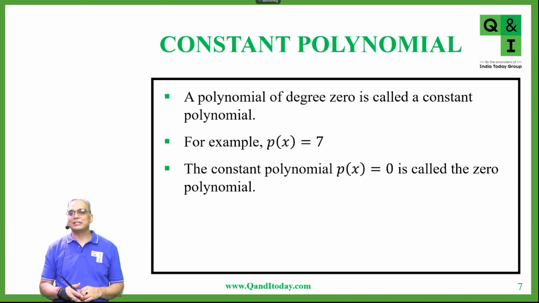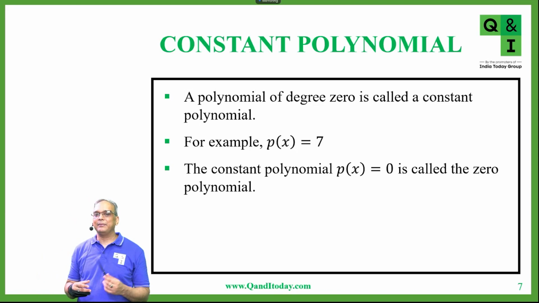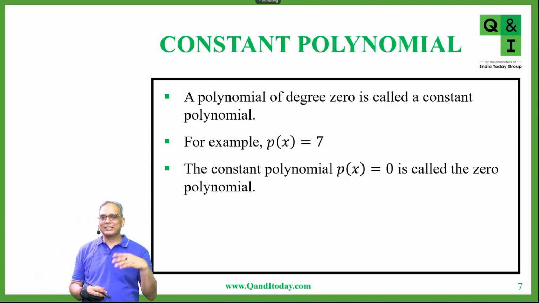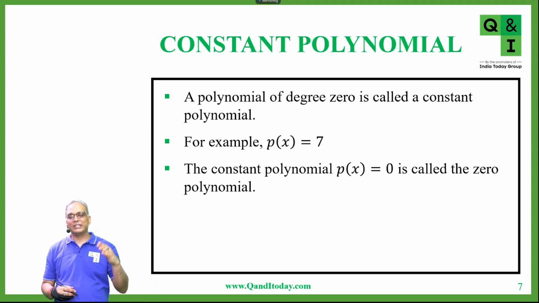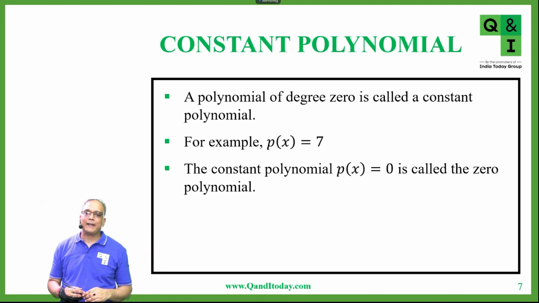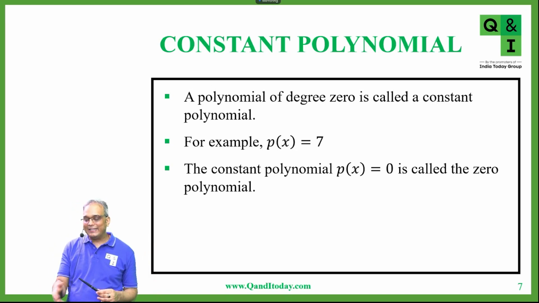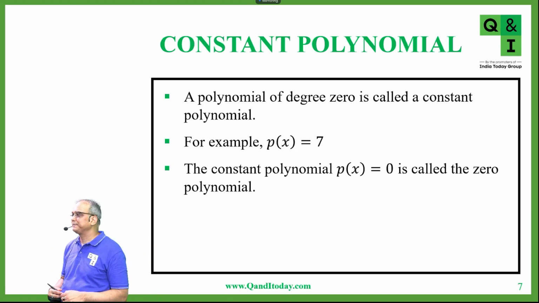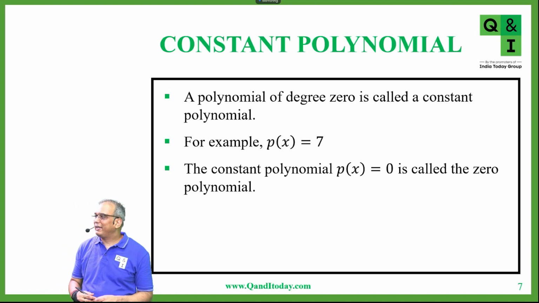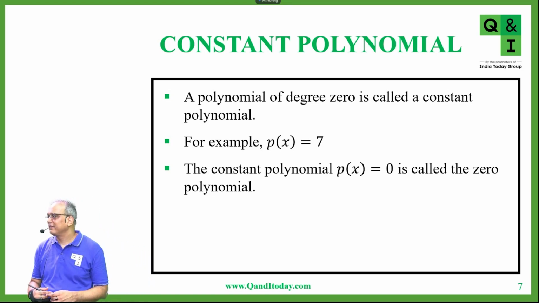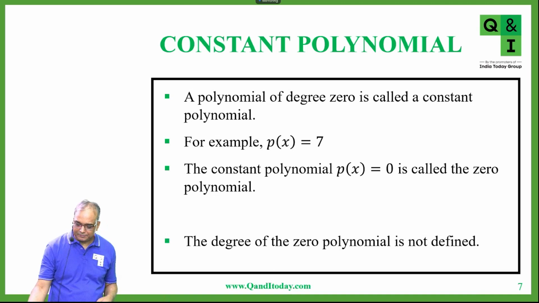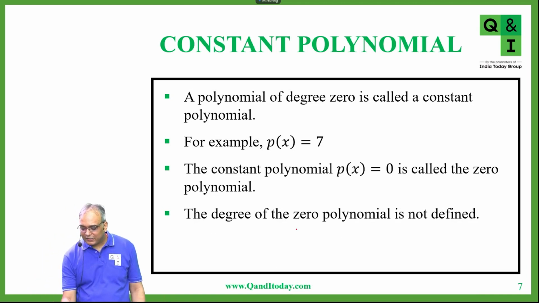So you have to answer accordingly in MCQ kind of questions or assertion reasoning, or questions which are being asked in these Olympiads. You will find these tricky questions a lot. Okay, shall we move ahead? Okay. So the degree of a zero polynomial is not defined and the degree of a constant polynomial is 0.